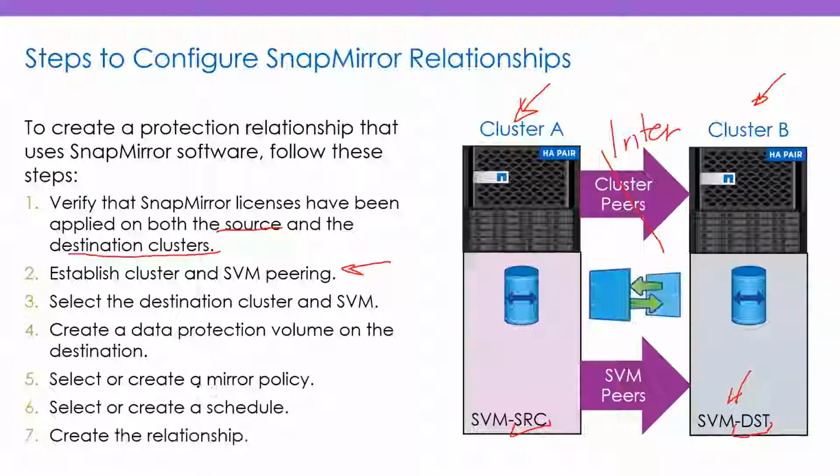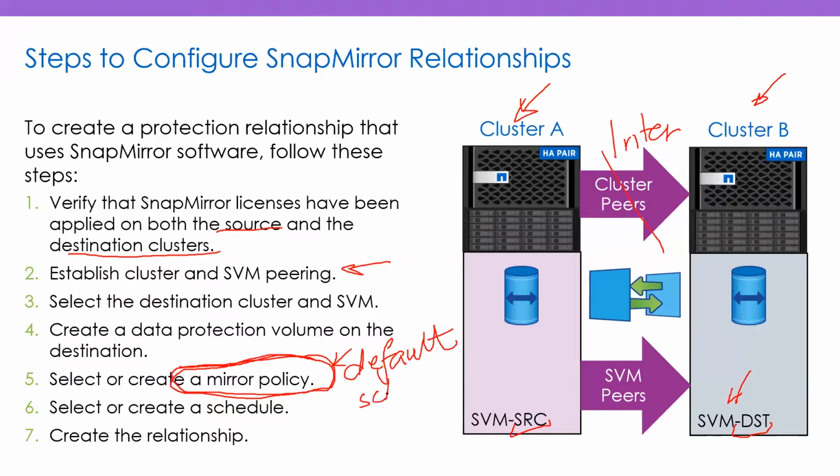Another very important thing when you establish a mirror relationship is that you create what we call a mirror policy. If you don't choose a policy, it automatically picks up a default policy. And what do you think is in the policy? The policy will have the schedule of how frequently the destination will come to the source and look for newer updates.